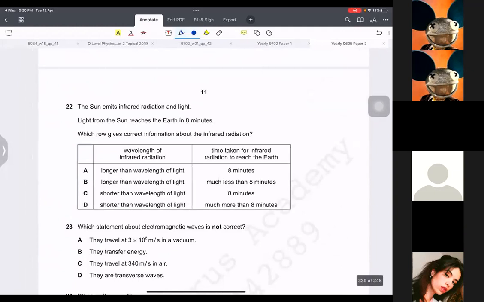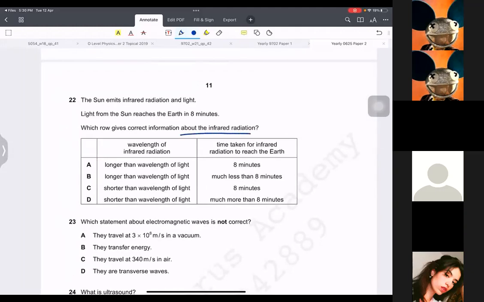Then 22. Sun emits infrared and light. Light from the sun reaches Earth in 8 minutes. Okay, so which row gives correct information about infrared radiation?